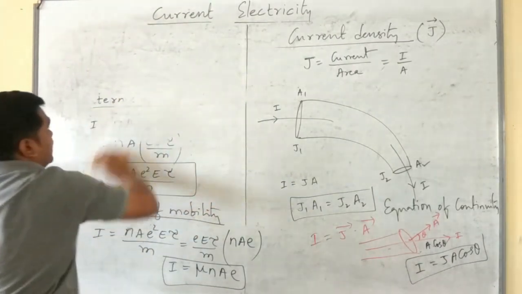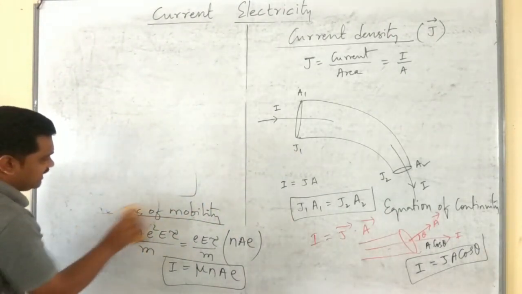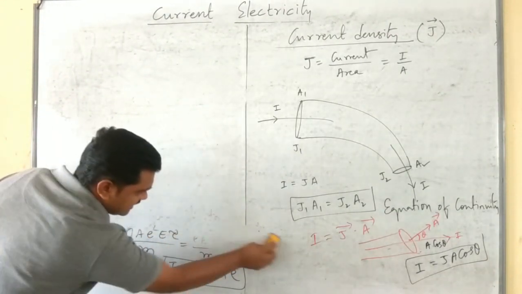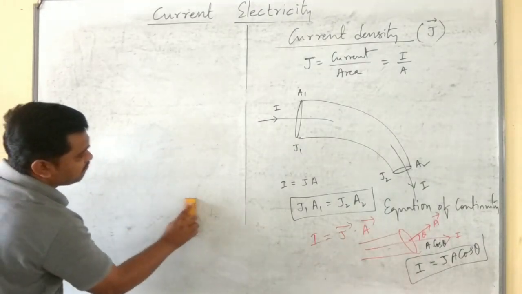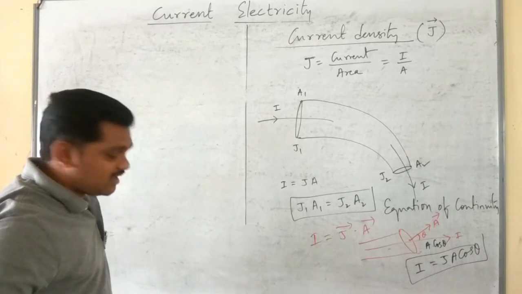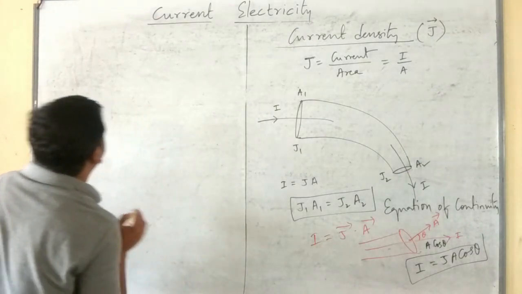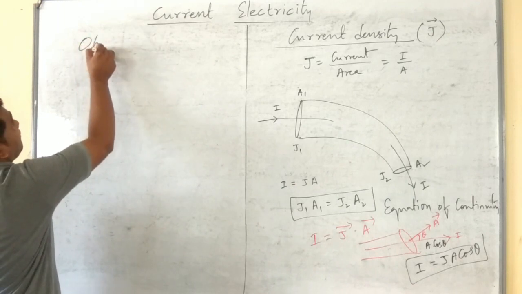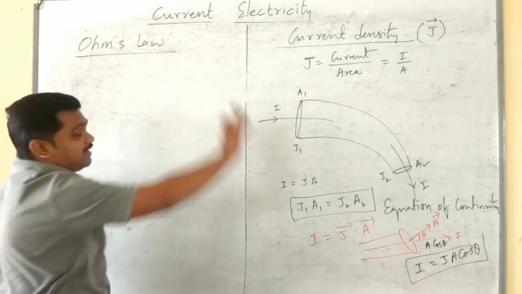Now let's move to a very important law in current electricity, that too in the case of DC, that is Ohm's law. It is a very important law.